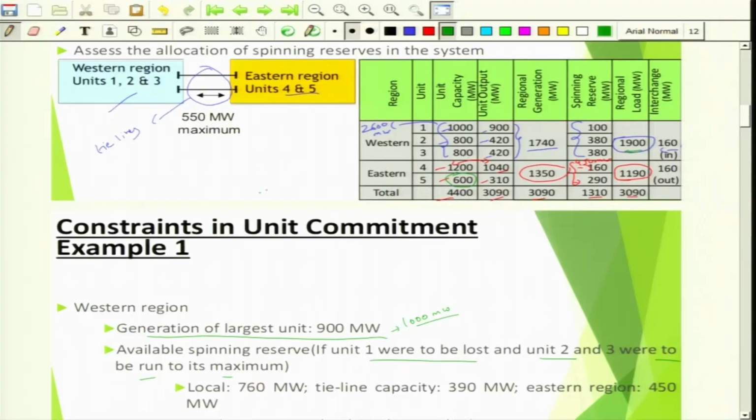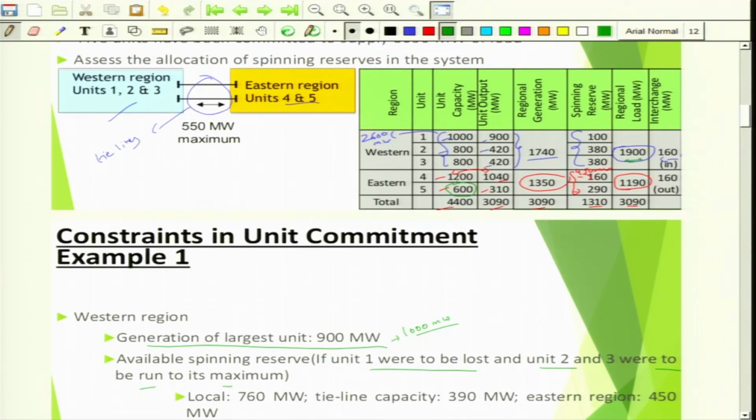You can see here, the actual load in the western region is 1900 megawatt. What is the total generation capacity? 2600. That means 700 is there. It can easily meet the 590 megawatt required at the eastern region, but the line has a constraint. It can only pitch in 550 megawatt.